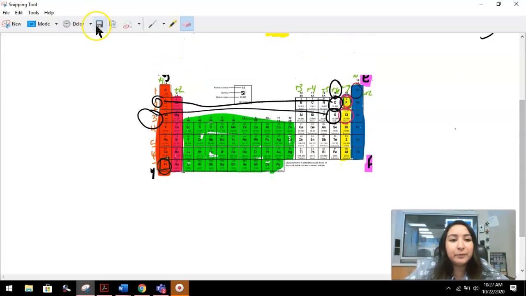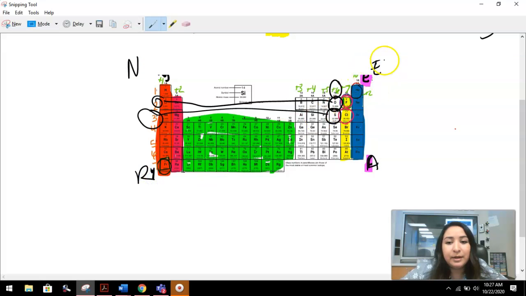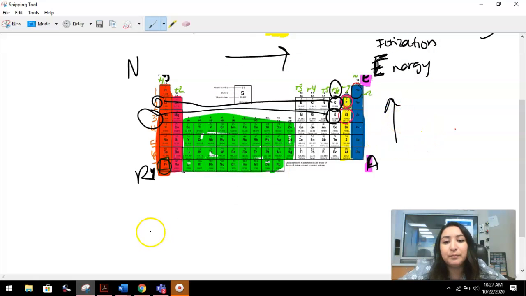I know that when I write the word NEAR, the E in energy is in this general trend. So this is where ionization energy increases. It increases as we go to the right and up the periodic table.